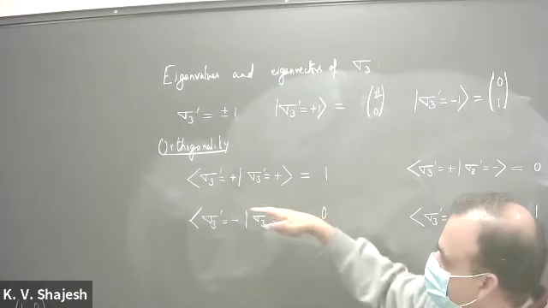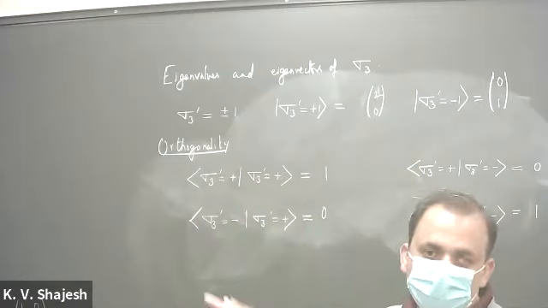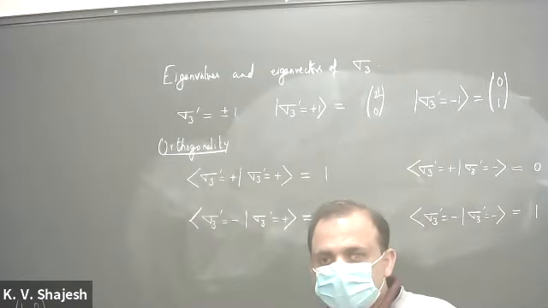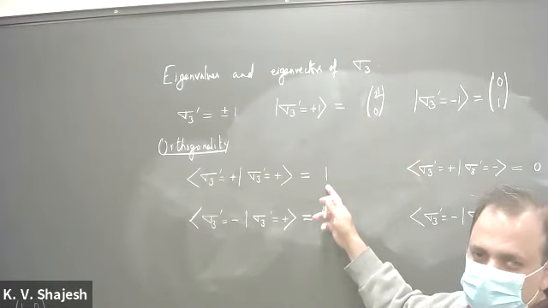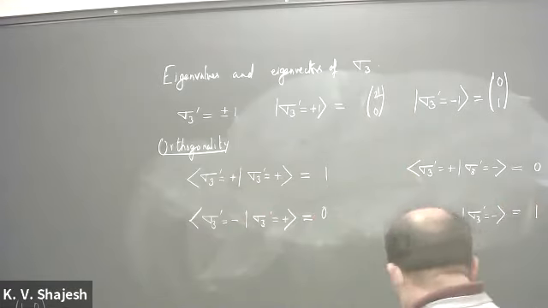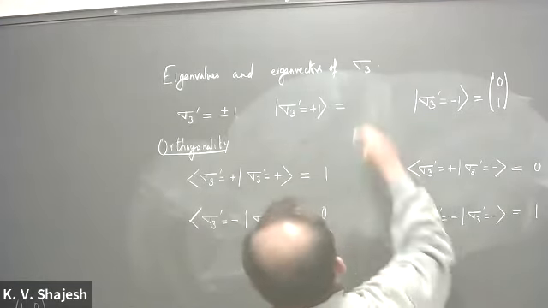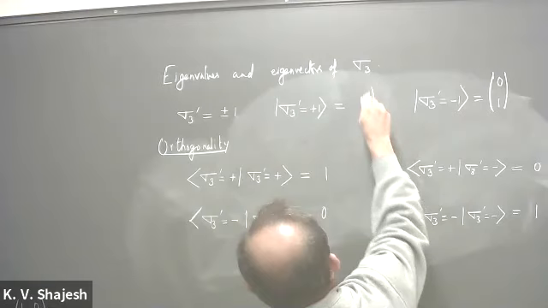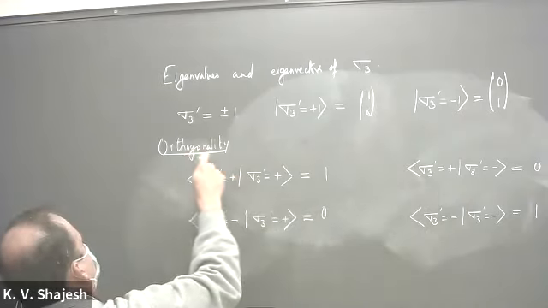But you normalize it by distributing that 2 into these 2 vectors. So once it is orthogonal, make it such a way that this is 1. Is that clear? What I said? So in principle, for us, it is orthonormal.